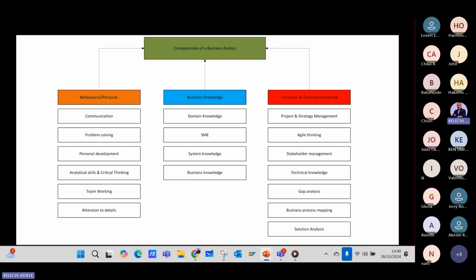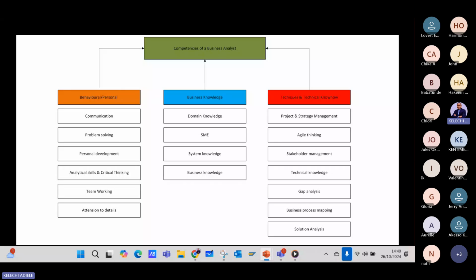For business knowledge, you need to understand the domain. You need to understand the system. You need to be an SME in a process. You need to understand the domain, the environment where you're working.